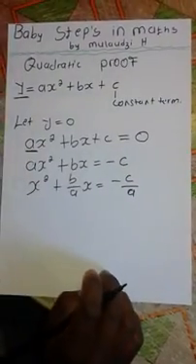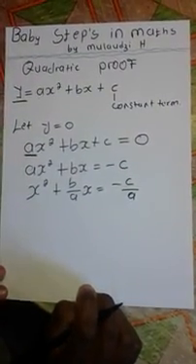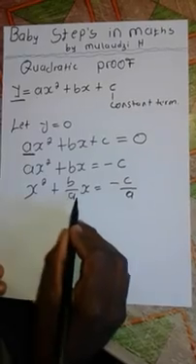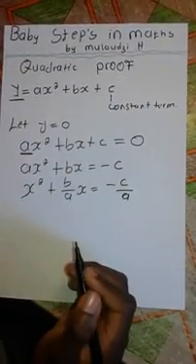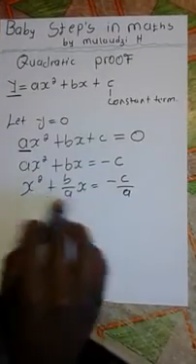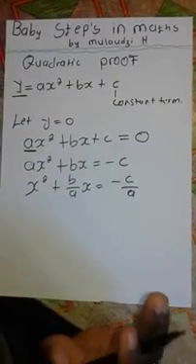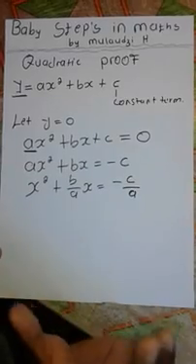Okay, now let's multiply our middle term by half, and then we square it, and then we put it on the other side. It's like we just added 0.